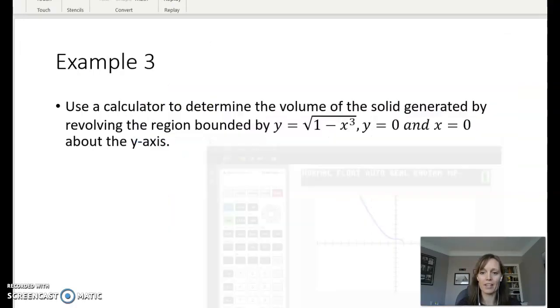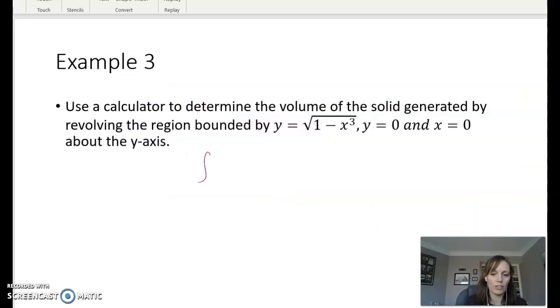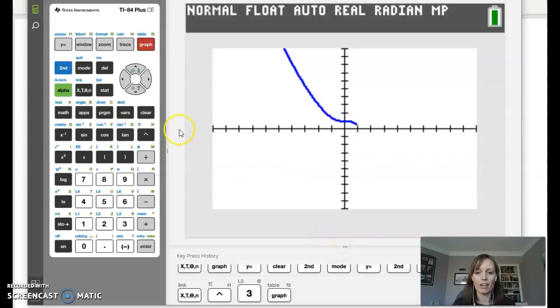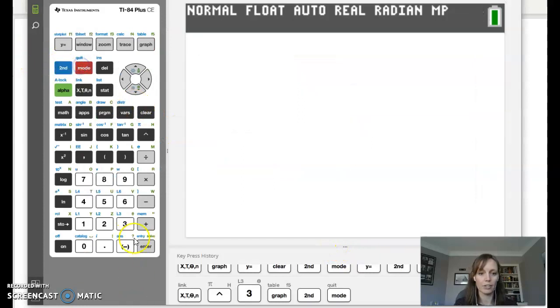So with the shell method, we've got the integral from 0 to 1 of x, which is the radius because it's being revolved around the y-axis, times my function, the square root of 1 minus x cubed. And so I'm just plugging this into a calculator to evaluate this. This is not something that I have to do by hand.